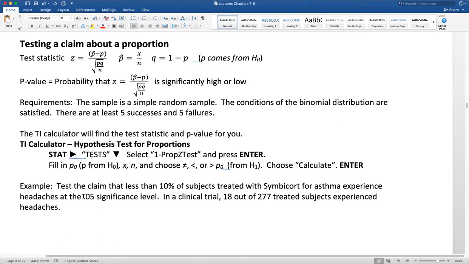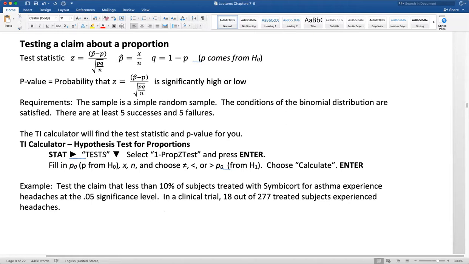Alpha is 0.05, given, so from alpha we can figure out the critical value. Now, in a clinical trial, 18 out of 277. So 277 is the sample size, and 18 subjects experience headache. So p hat is going to be 18 over 277. Let's figure out all the parameters we need.